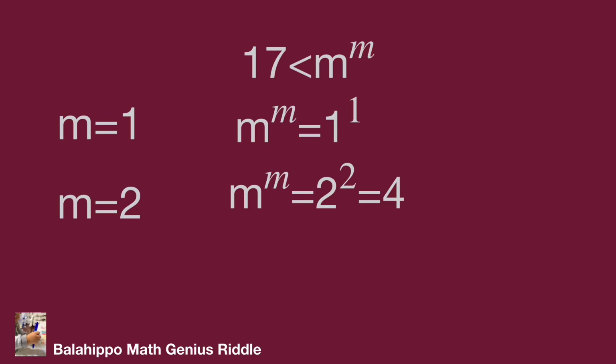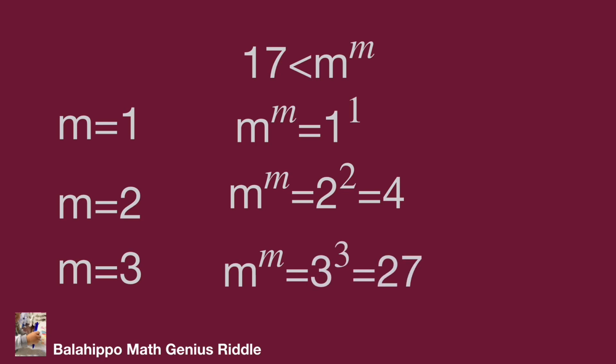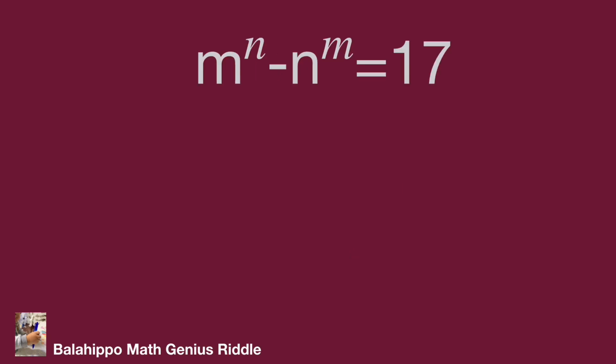While m equals 2, 2 squared equals 4, which does not meet it. While m equals 3, 3 cubed equals 27, which meets 17 less than m to the power m. Then we get, while m is less than n, m should be larger than or equal to 3. Find the value of m.